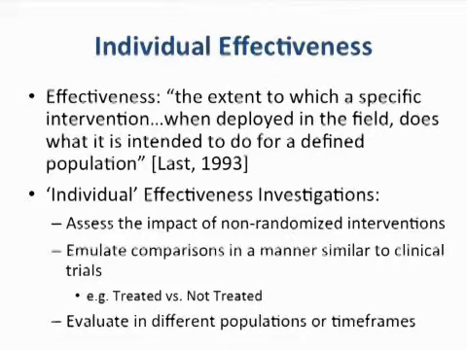So moving away from clinical trials, towards the deployment of therapies in real life, individual effectiveness investigations typically assess the impact of interventions not when they're randomized, but they try to emulate the type of comparisons you would make in a clinical trial, i.e. comparing those that are treated and not treated. And we're typically evaluating effects of a treatment in different populations than a typical clinical trial population, or different time frames.